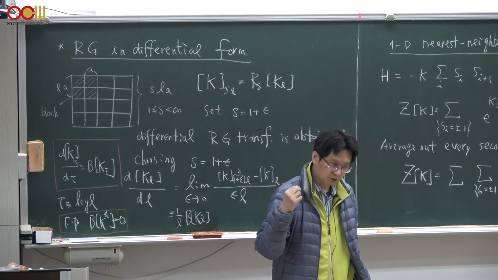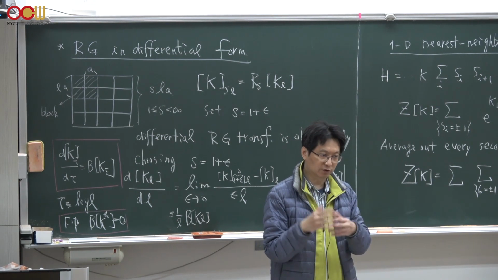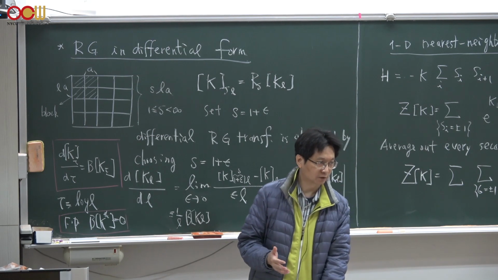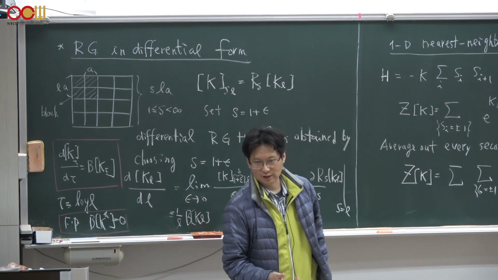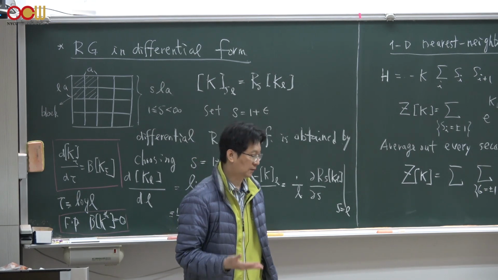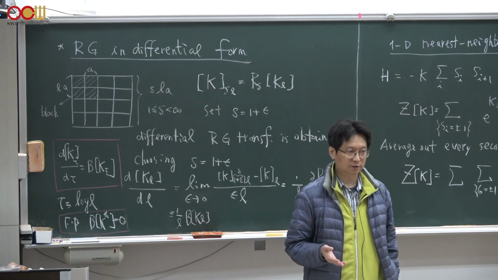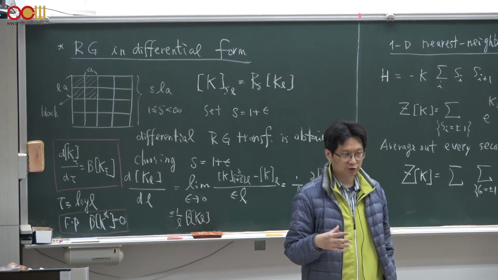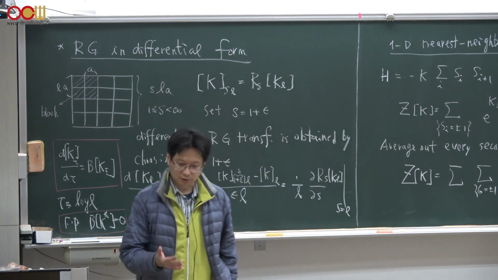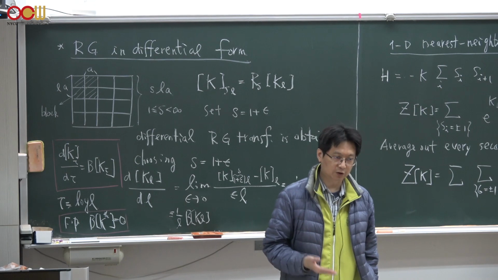So let's just slightly expand this lattice from a to 1.01 times the lattice spacing. So let's just expand this lattice constant by 1% or 2% or a few percent. And then we could monitor how the coupling constants flow under such an infinitesimal RG transformation. That's particularly useful when we try to derive the RG scaling equations or recursion relations.